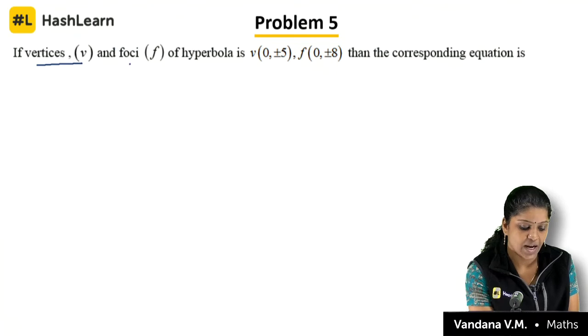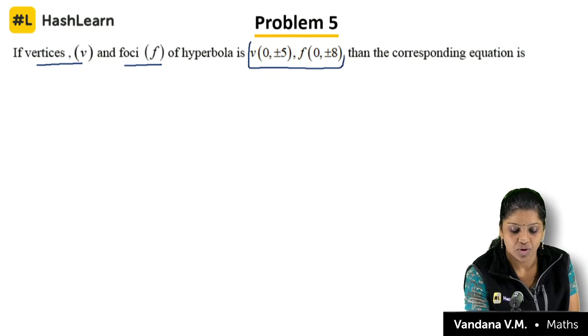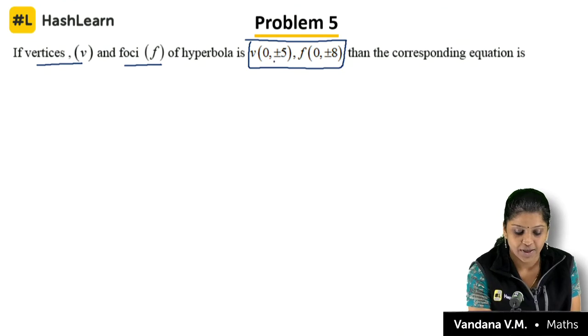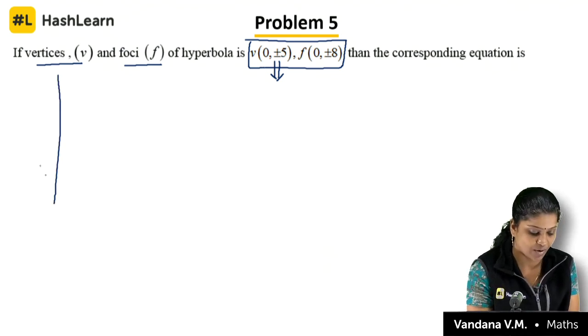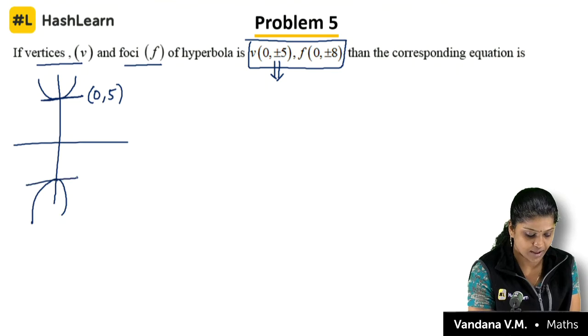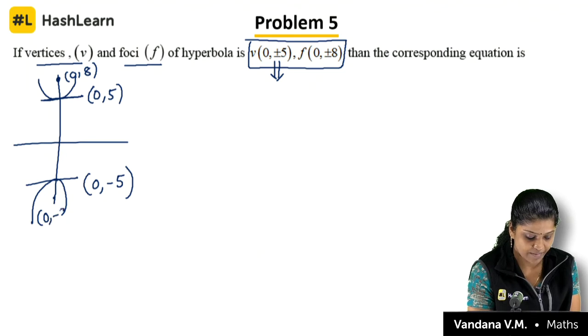If the vertices and the foci of a hyperbola are given, using these two, I have to write the equation of the hyperbola. Okay. Now see, by seeing this itself I understood x coordinate is 0. So, the vertex is along the y-axis. Here is my vertex 0, 5 and the other one is 0, minus 5, and the foci, that is 0, 8, the other one is 0, minus 8.